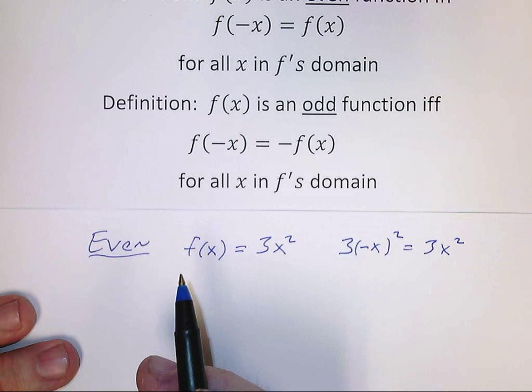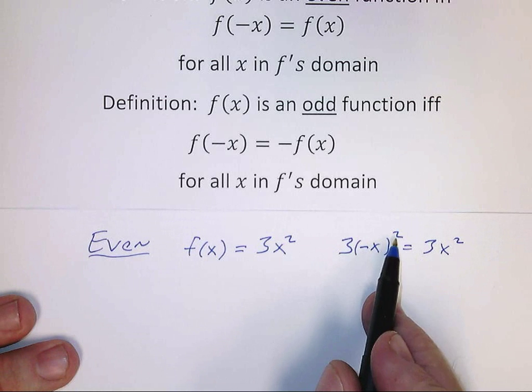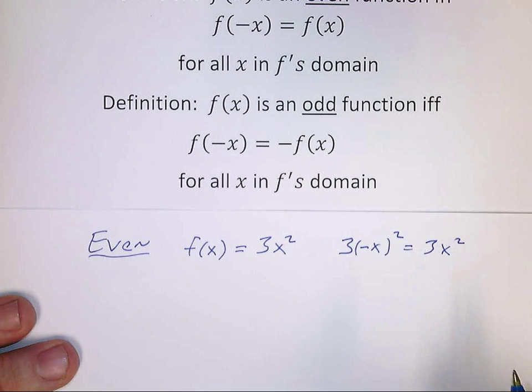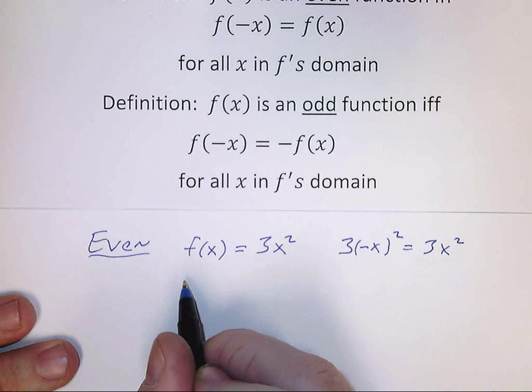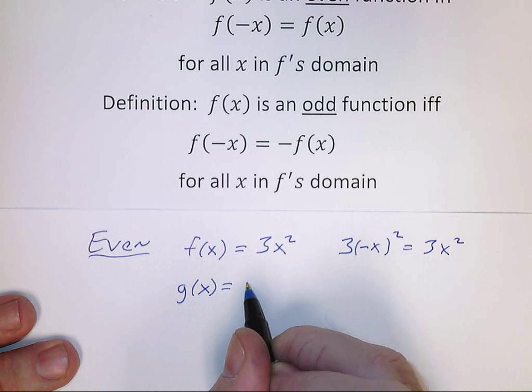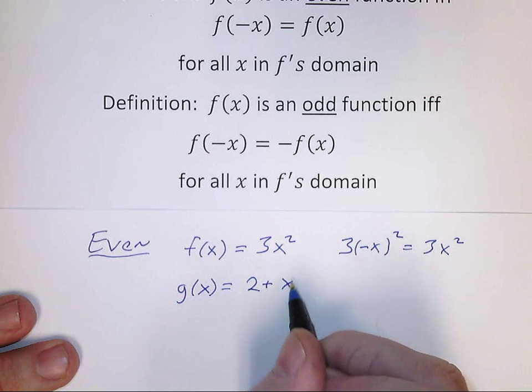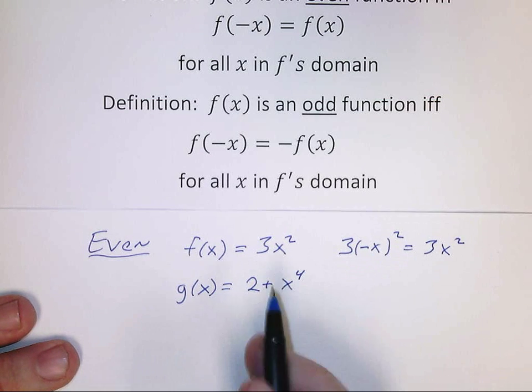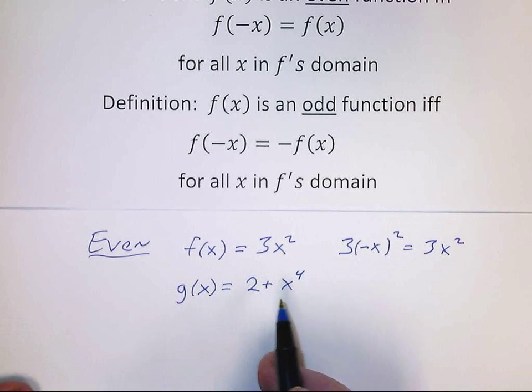Because of the even power, negative 1 squared is positive 1, and so that's what's going on there. I could have g of x is maybe 2 plus x to the fourth. Again, if I only have an even power of x here, if I negate x, I get the same answer, right?